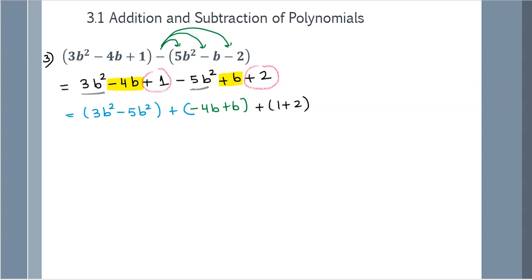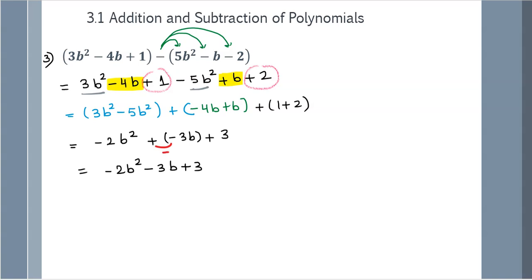Now what you do? 3 minus 5 is minus 2b square. Minus 4 plus 1 gives you minus 3b. 1 plus 2, 3. So minus 2b square minus 3b plus 3. Why? Because this plus minus gives you minus.